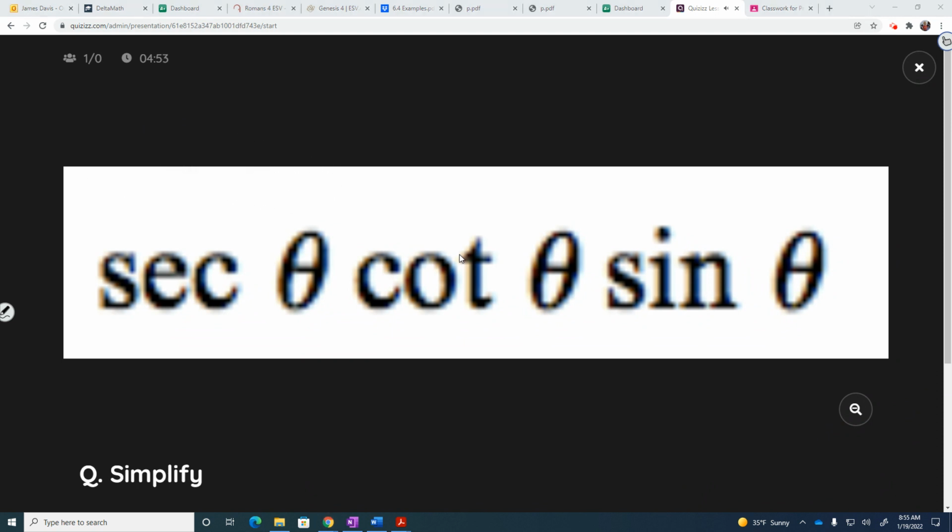Do similar substitutions. Figure out what secant is, what cotangent is, and keep the sine, but you'll replace these two with sines and cosines.